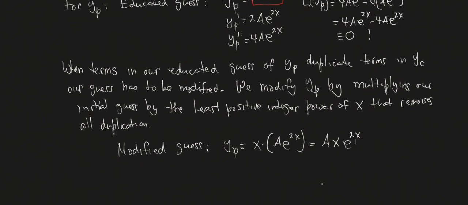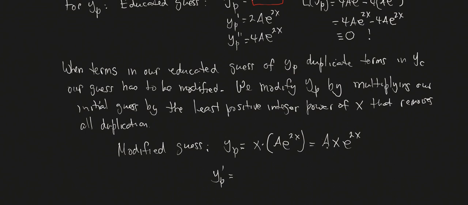So again, go back and do our derivatives. Now, the thing about this process of modifying your guess is that since you're multiplying by powers of x, you automatically introduce the need for using the product rule. So there again, it's another instance where we're going to have to do our product rule, but we can do it. Let's push on through.